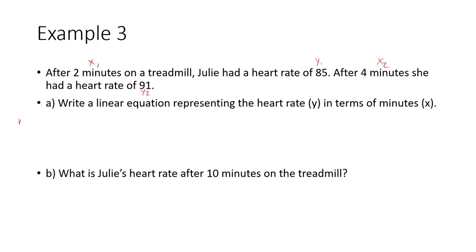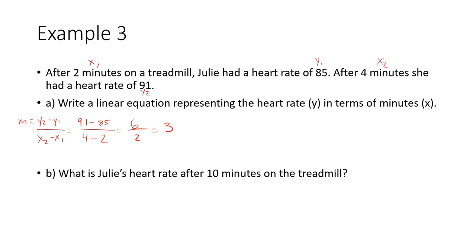To find the slope, y2 minus y1 over x2 minus x1, or 91 minus 85 over 4 minus 2. 91 minus 85 is 6 over 2. So we get a slope of 3.